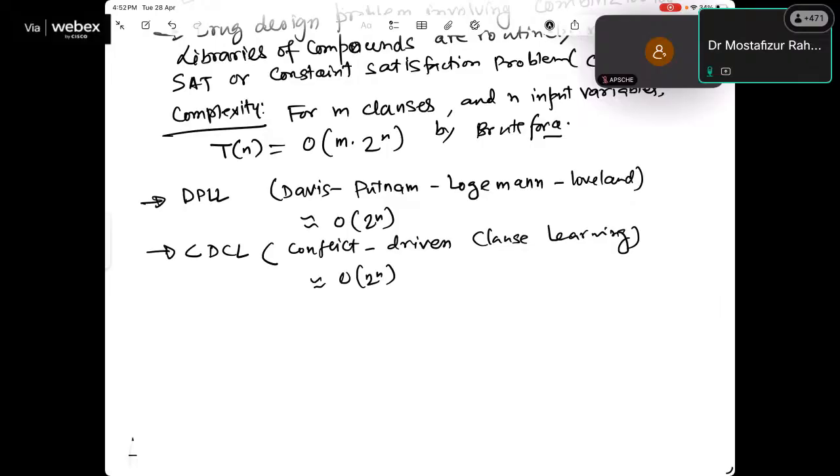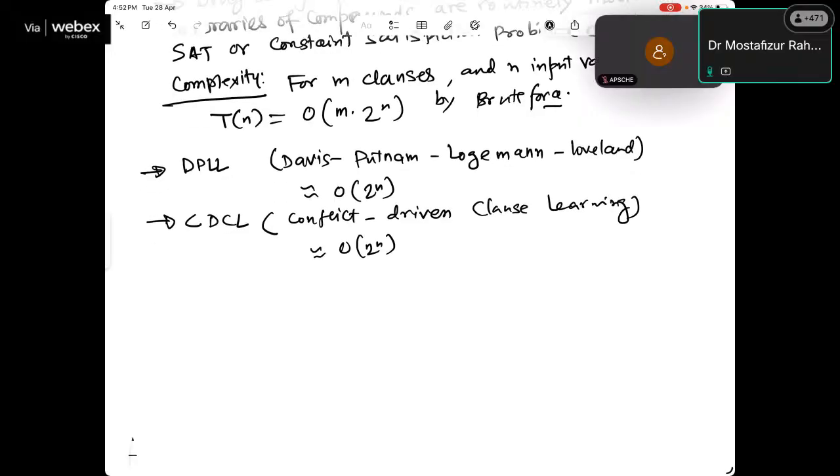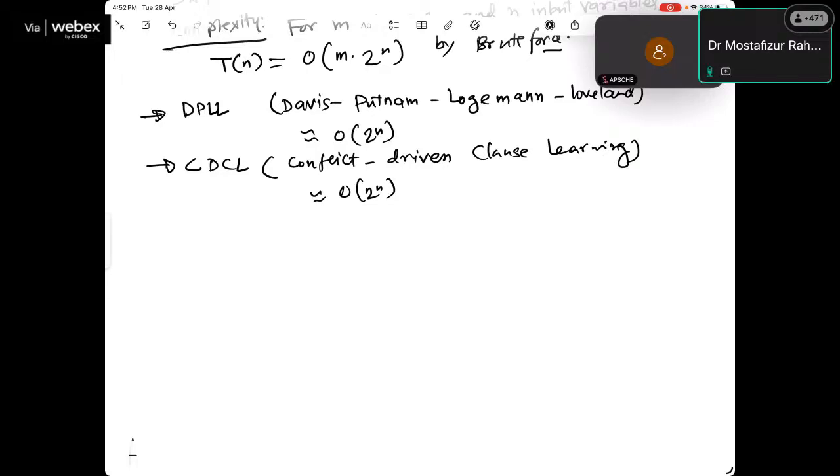I am writing order of 2 to the power n, but when you actually write the complexity order, this may be a bit more or less. Of course they are in the exponential order, but there may be slight differences among them. This is treated as one of the gold standards by drug companies like Cipla and others. There is another set of algorithms people have been studying called ILP, integer linear programming.